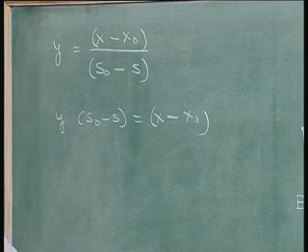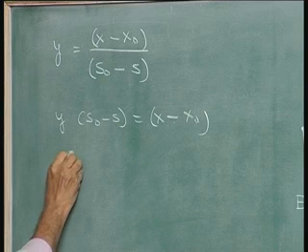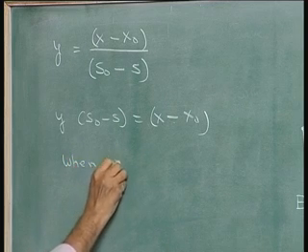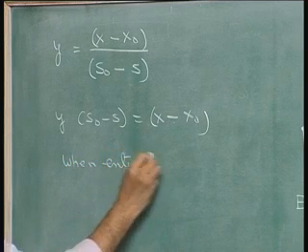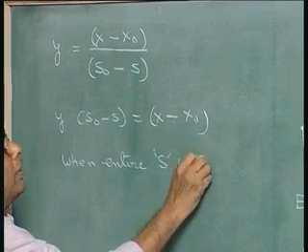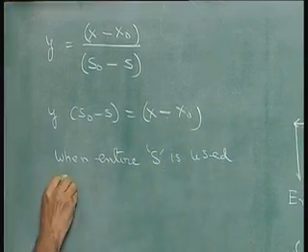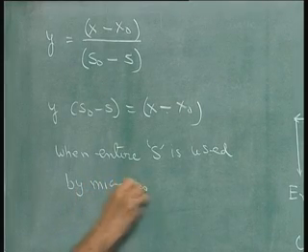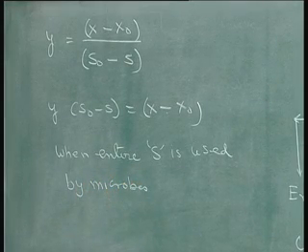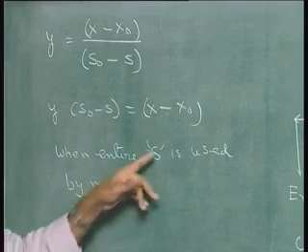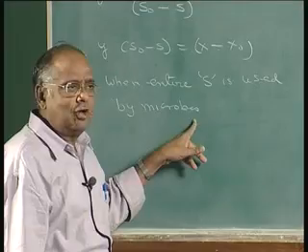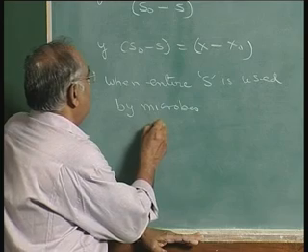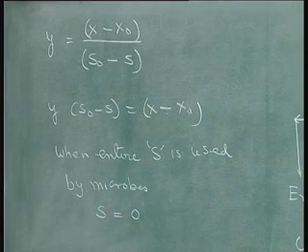Now, let me look at a condition when the entire substrate is utilized, the entire S is used by microorganisms. That means the microorganisms have consumed the entire food. In that case, what would be the value of S? S will be equal to 0.